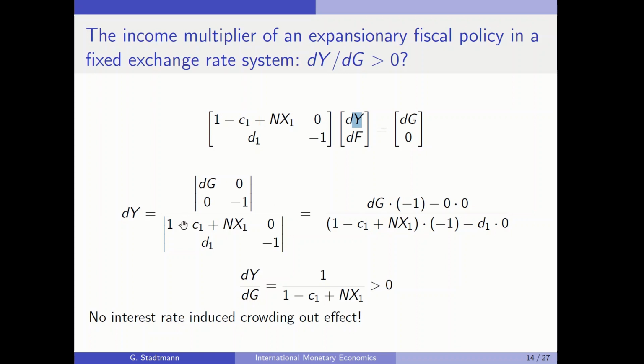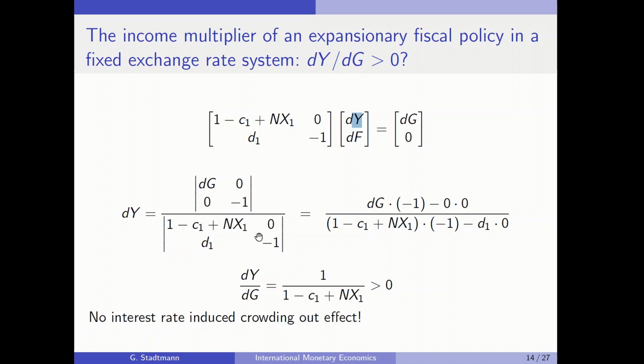We compute the multiplier in the following way: we compute the determinant of the changed coefficient matrix and we divide by the determinant of the unchanged coefficient matrix. So we are computing the elements on the main diagonal, dG times minus 1, and we subtract the product of the side diagonal, minus 0 times 0.